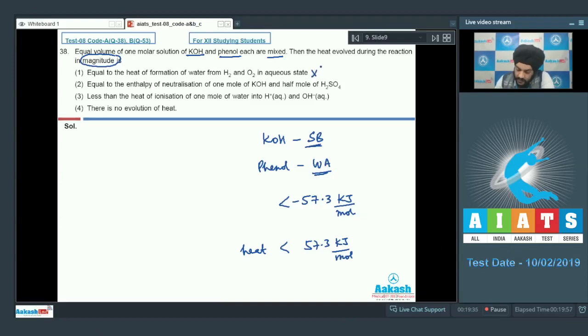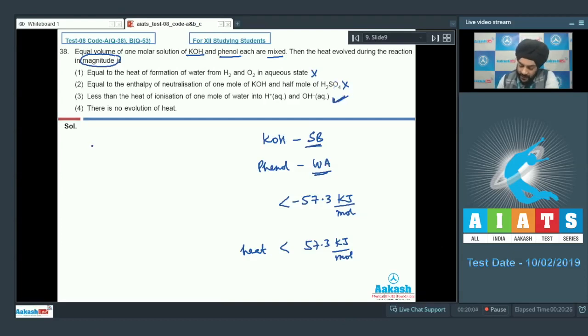This is incorrect, students. If you look at the second option, equal to the enthalpy of neutralization of 1 mole of KOH and half mole of H2SO4, this is also incorrect. This is the heat evolved when one equivalent of strong acid and strong base are neutralized, so this shall be equal to 57.3 kilojoule per mole as discussed before. The third option is less than the heat of ionization of 1 mole water into H+ and OH- aqueous. This is correct, students.